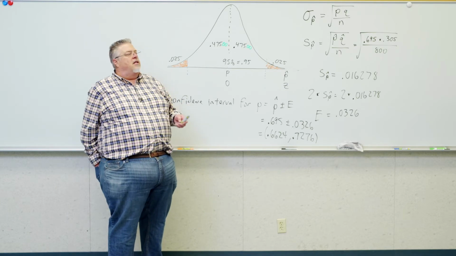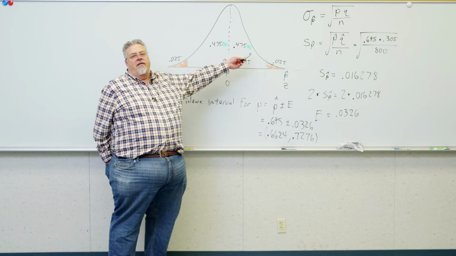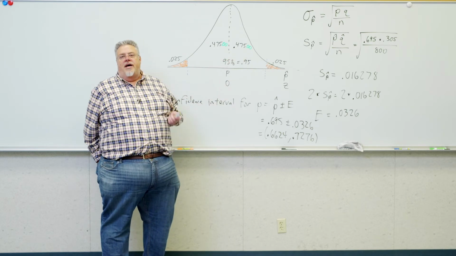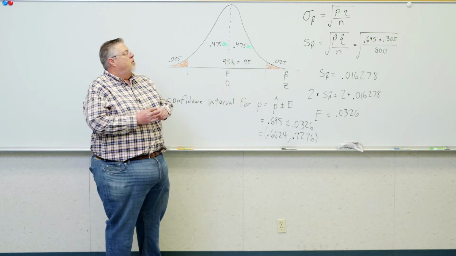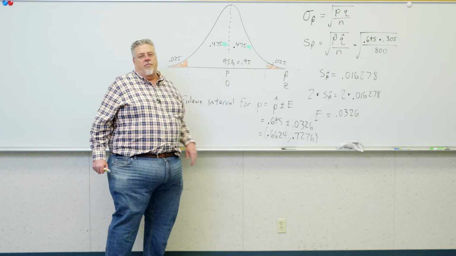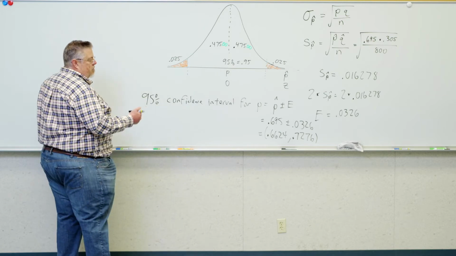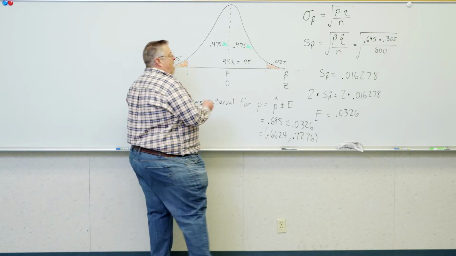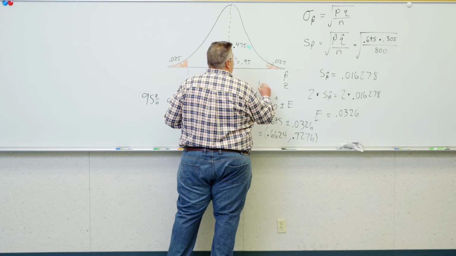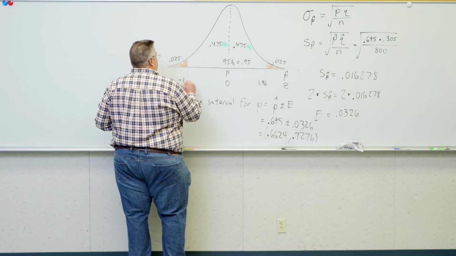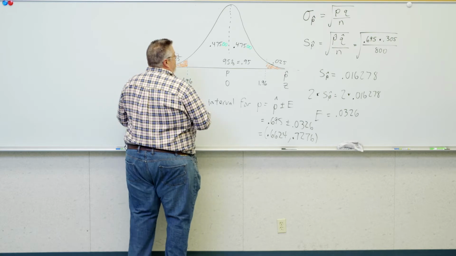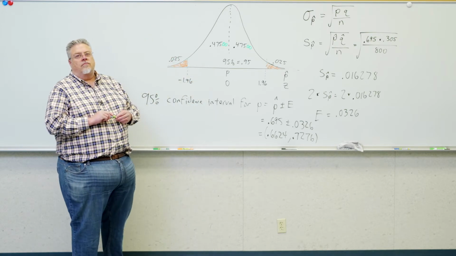This time we're going to get lucky. 0.47500 is on my table. If it isn't, I get as close as I can. But if I want this area to be 0.47500, what I'm going to find is that this z-score is 1.96. And down here, negative 1.96.